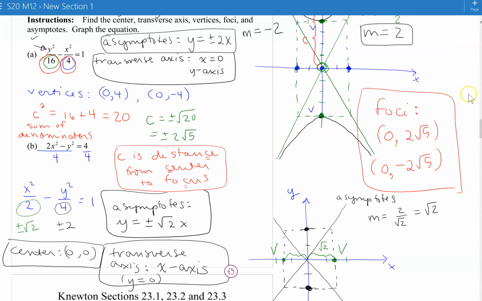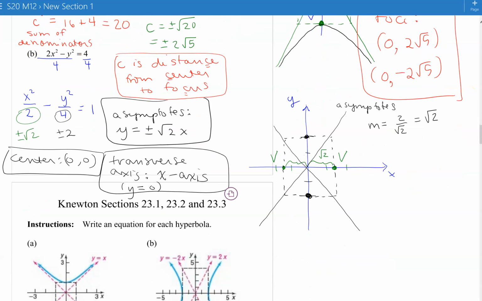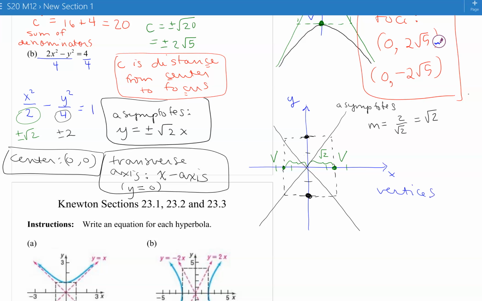That's its other name. Then we can see the vertices. So the vertices are (root 2, 0) and (negative root 2, 0).